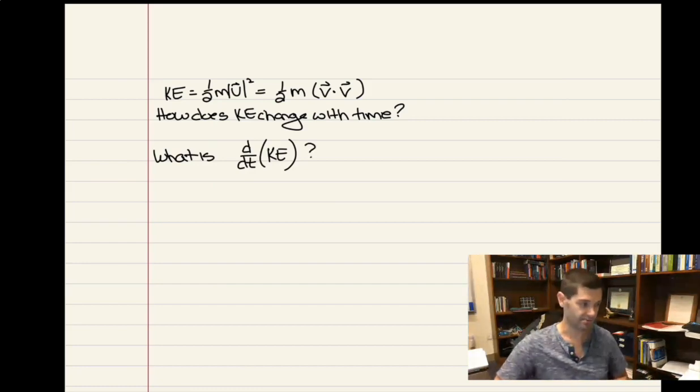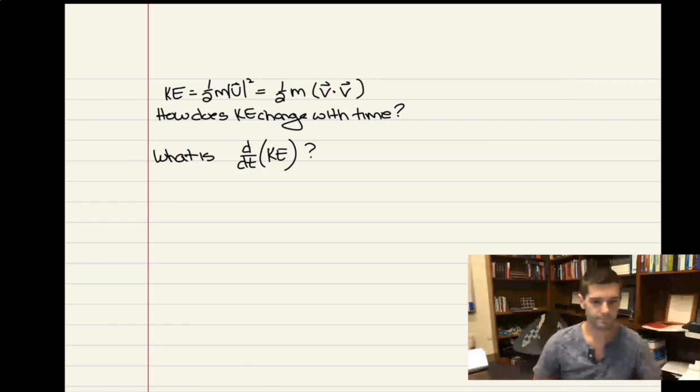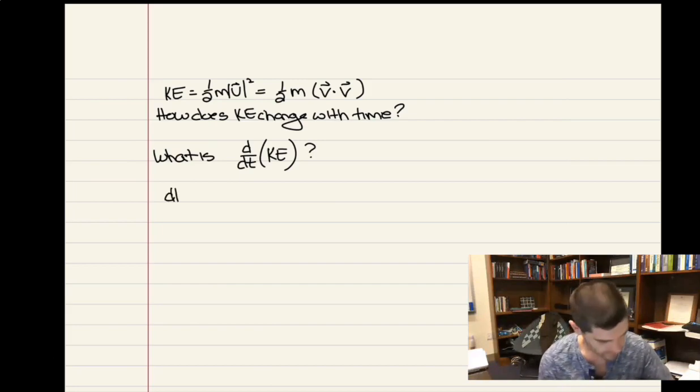How does something change with time? You're asking about what its derivative is. How does position change with time? Velocity. How does velocity change with time? Acceleration. Now I'm asking, how does kinetic energy change with time? Well, we are more than capable of taking a derivative. I'm going to go back to just K, sorry.